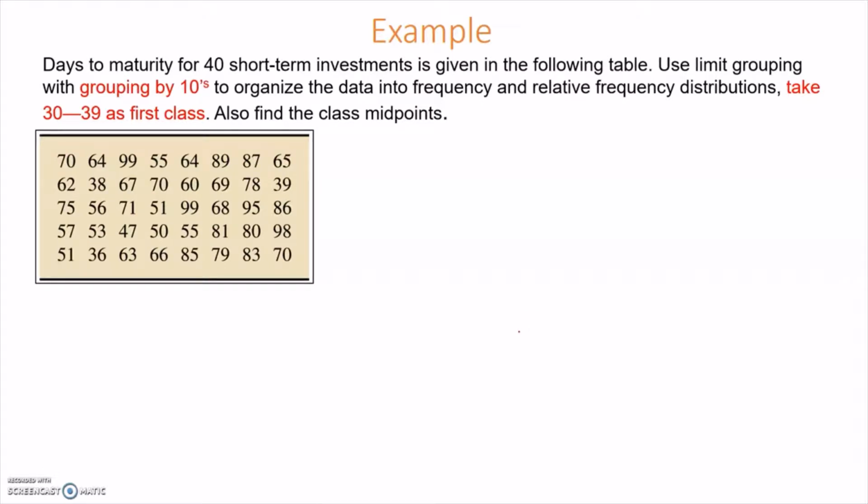So we are given this data on our left side, and we have to make a frequency distribution and a relative frequency distribution. Whenever you are asked to make a frequency and a relative frequency distribution, the first thing we're going to do is create a table that consists of 4 columns. I told you in the first lecture also.